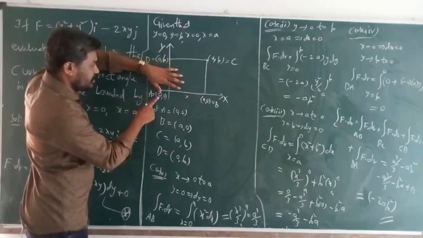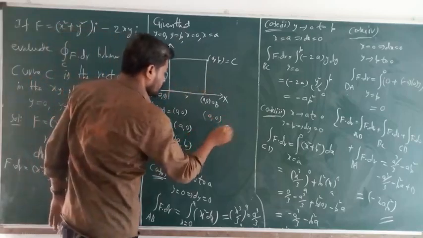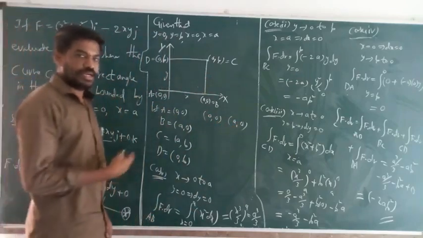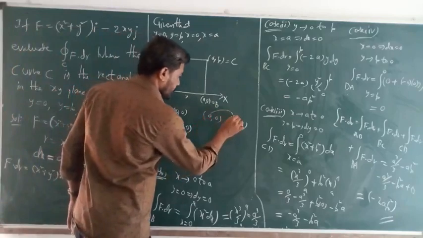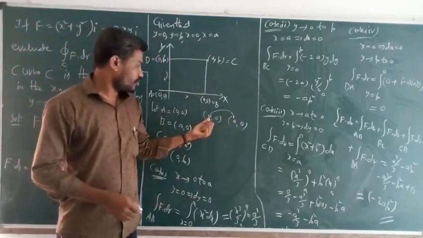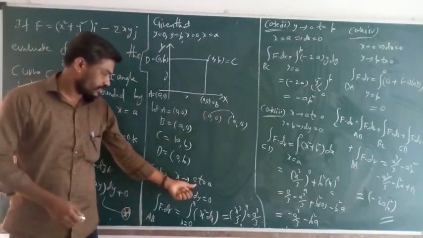This side is (0, 0), this side (a, 0). So the x limits are lower limit 0, upper limit a.